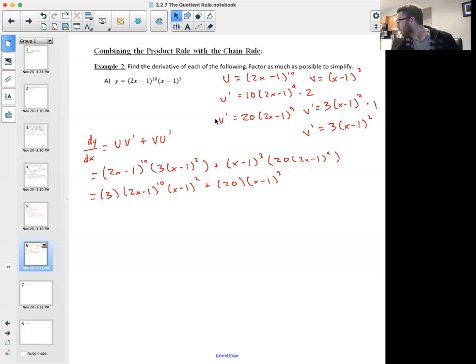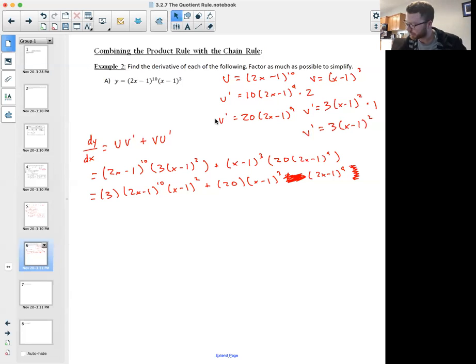Sorry, that 20 should not be there because we already put it out in front. So it should look like 3 multiplied by 2x minus 1 to the 10 multiplied by x minus 1 to the 2, plus 20 multiplied by 2x minus 1 to the 9 multiplied by x minus 1 to the 3.